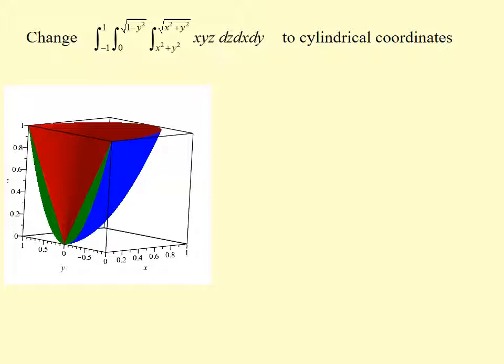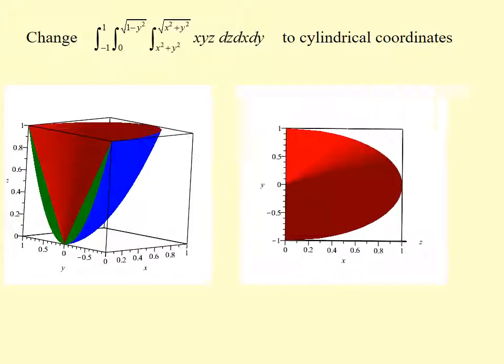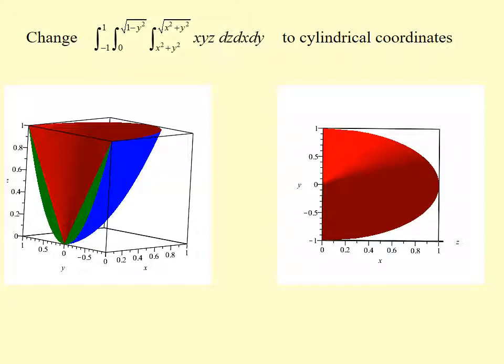Now we want to look down the z-axis at the image in the xy plane of the three-dimensional object and then describe that in cylindrical coordinates. You notice here we're going from x equals 0 to x equals the square root of 1 minus y squared, which is the right half of this circle with a radius of 1.